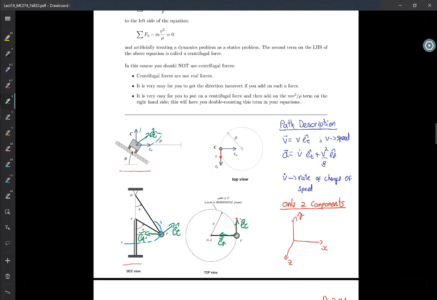So for this problem, E T and the normal component live on the same plane as the x and z components.